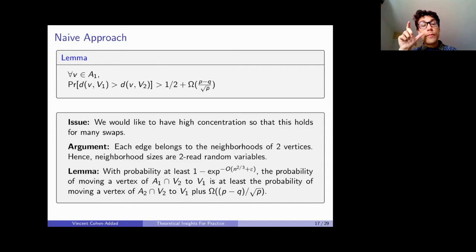In terms of the randomness coming from the edges, I know that each edge belongs to at most 2 neighborhoods. So in fact, they do not have that much impact. They are what we call 2-read. And so we can still have some kind of concentration. We can say that, given the randomness I have on the initial cut, the probability that this happens is going to hold with high probability over the edges on the input graph.